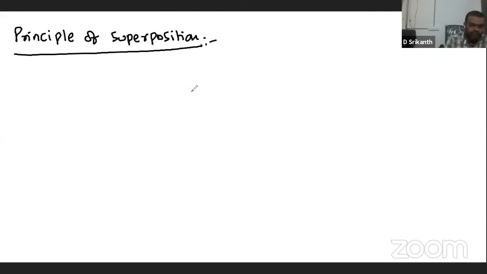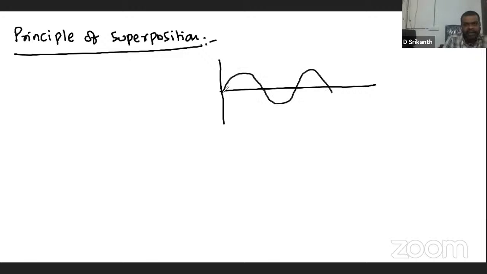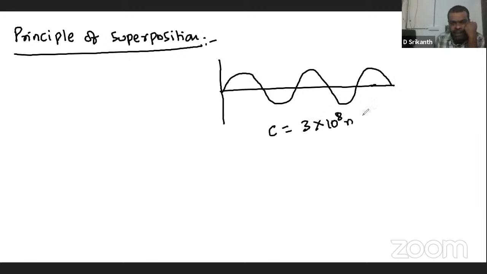Now suppose let us consider a light wave is moving. Very important: understand that a light ray can travel in air or vacuum as well as in a medium. If the light ray is traveling in air, then the speed will be 3 into 10 power 8 meters per second.